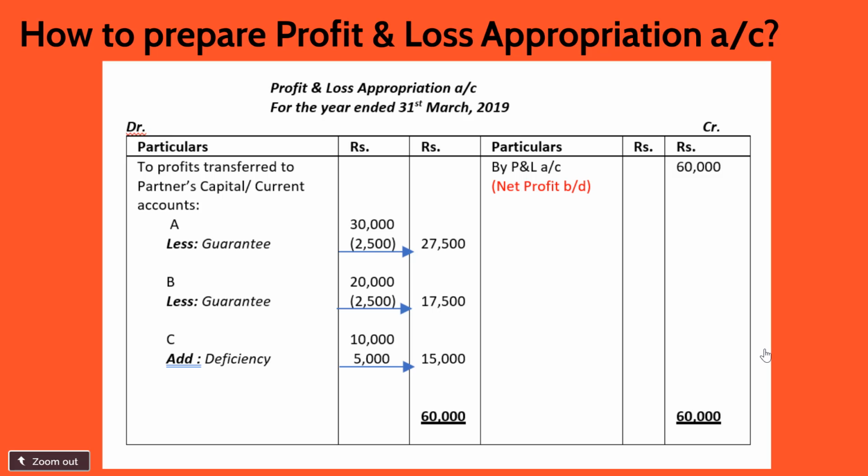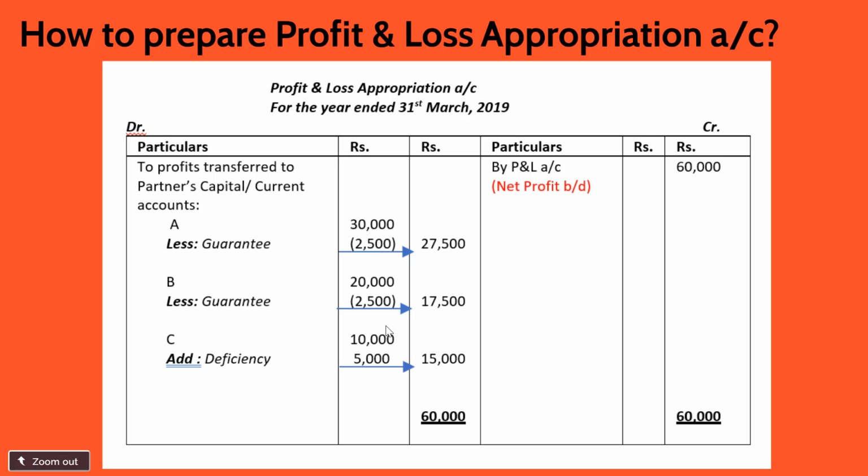Now what we need to do is divide the 60,000 among A, B and C in their profit sharing ratio, which is 3:2:1, and write the amount in the inner column on the debit of the profit and loss appropriation account. If you see here, I have written A gets 30,000, B 20,000 and C 10,000.